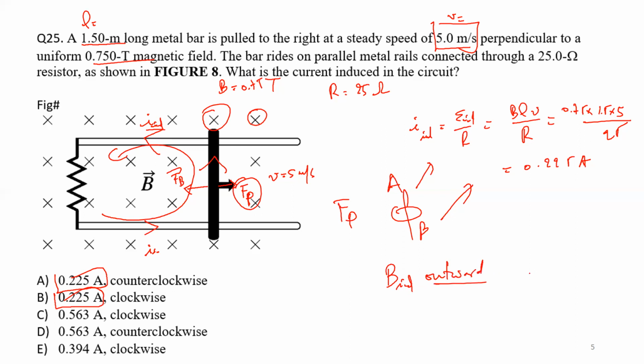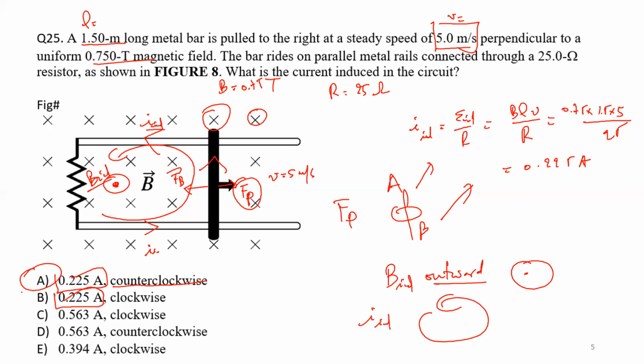Do you agree with that? Now, if B induced is outward, what should be the direction of my current? Of course, it is going counterclockwise, in the positive direction. So this is the correct answer, the first one.